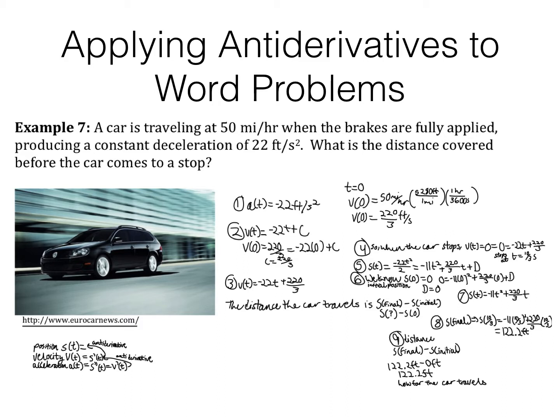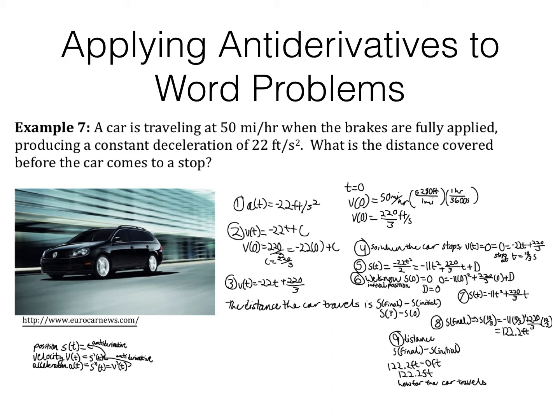In the first step, our acceleration function equals negative 22 feet per second squared. So our velocity function using the antiderivative would be negative 22t plus c. When we plug in the initial velocity, 220 over 3 equals negative 22 times 0 plus c, so c equals 220 over 3.